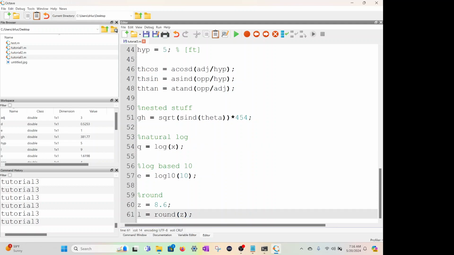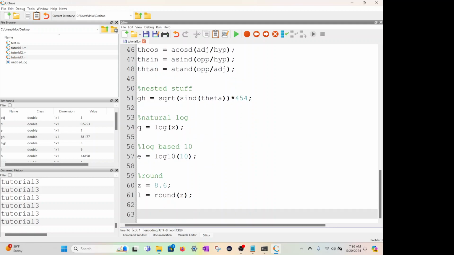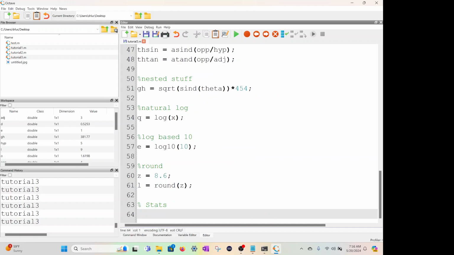All right, let's look at statistics real quick, and that'll be the last thing. Stats. So we're going to define a matrix. So say you got 100; 90; 85; 75; 100.